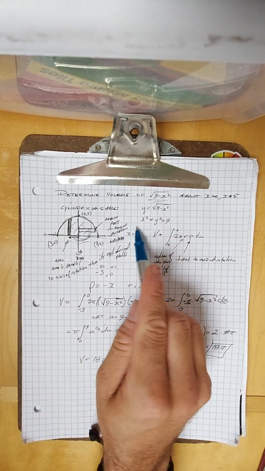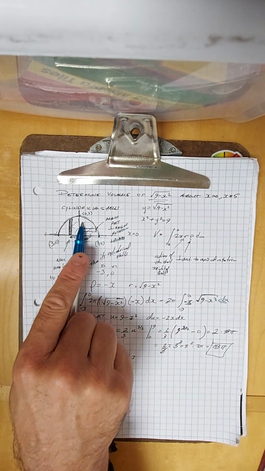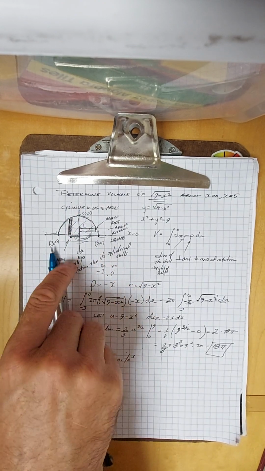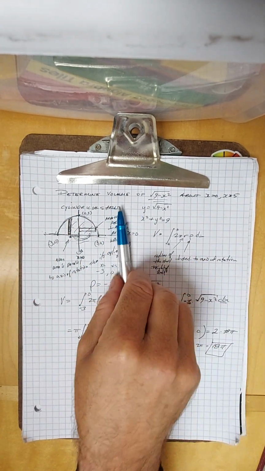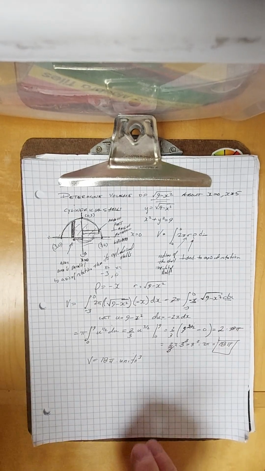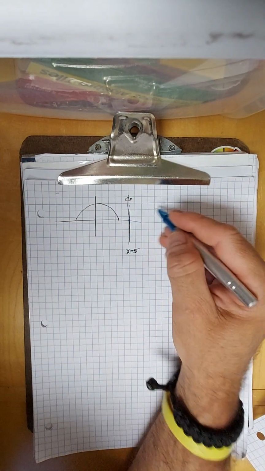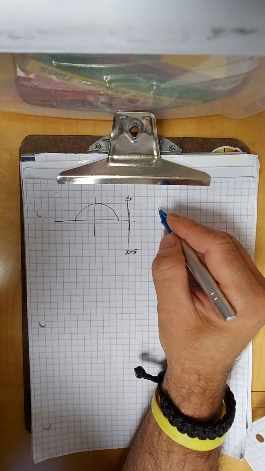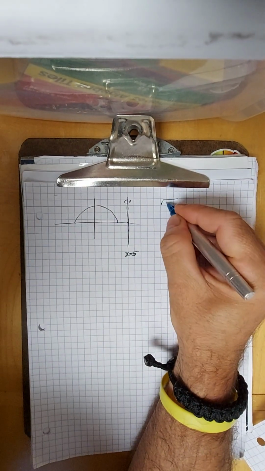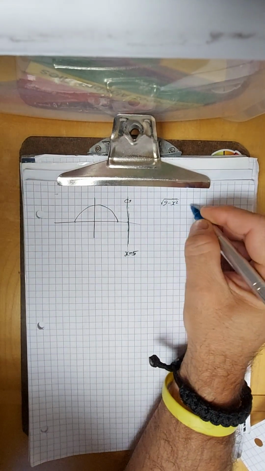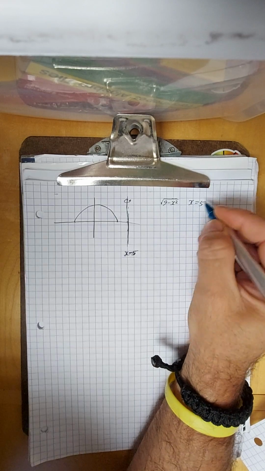Okay, and so now let's move our axis of rotation from this vertical axis of x equals 0 out here to x equals 5 and see what happens there. Okay, so here's the basic geometric setup. Our function here is the square root of 9 minus x squared, and we're rotating it about the line x equals 5 here.